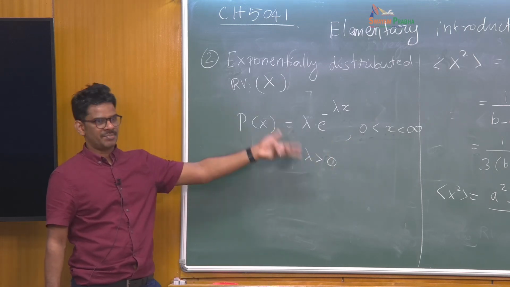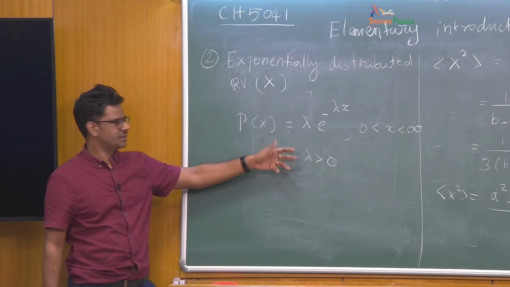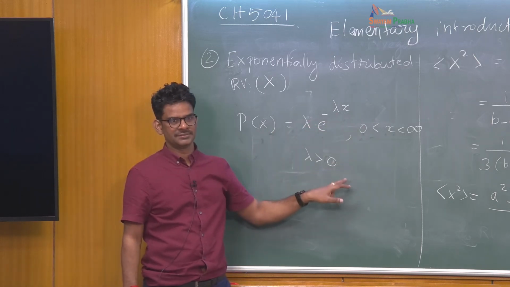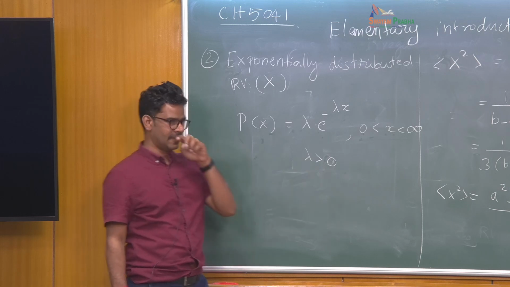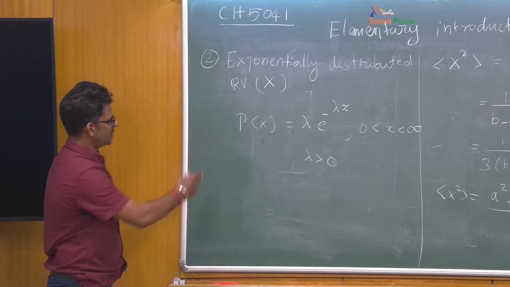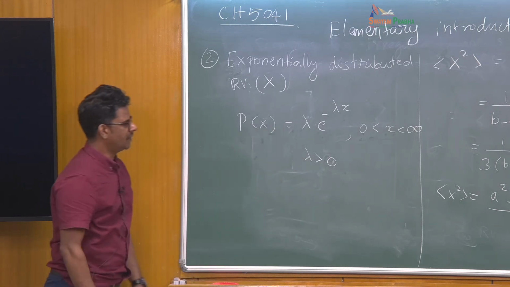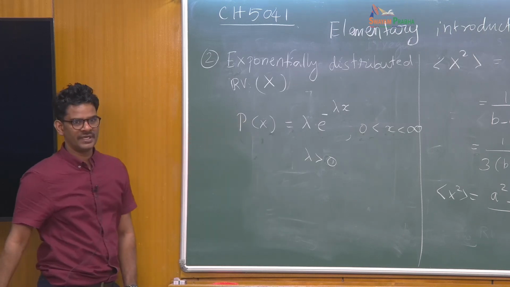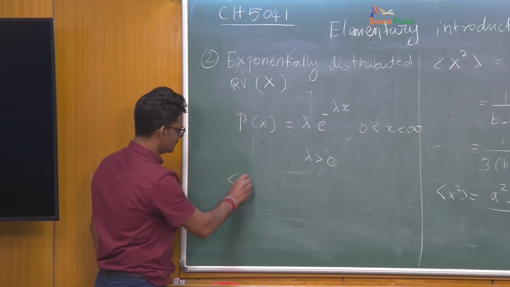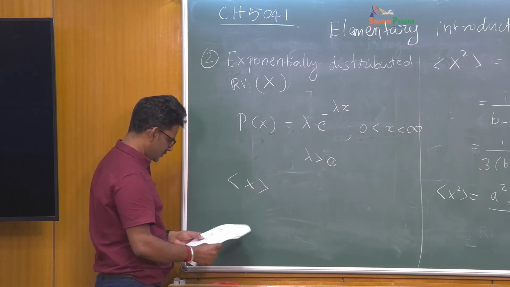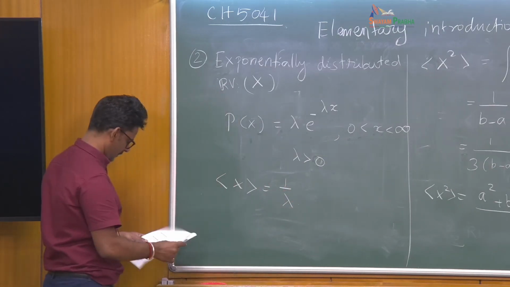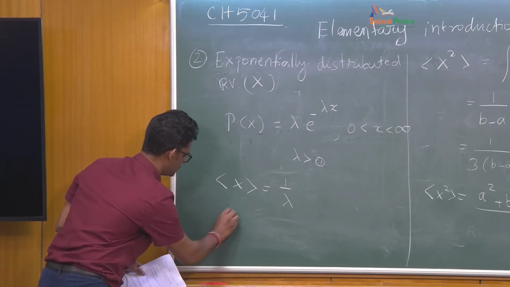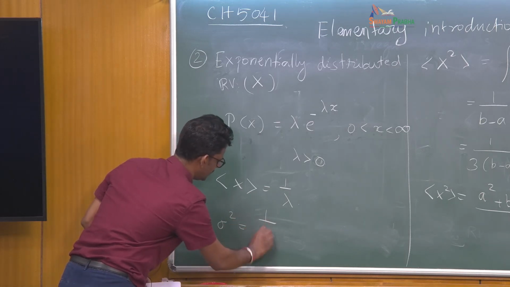There will sometimes be a parameter coming into the distribution. So here lambda is a parameter, and this has to be a positive number. Now once we define p of x, we can do the same thing like we did here. We can find the mean value. The mean value will be 1 by lambda, and the variance is 1 by lambda square.